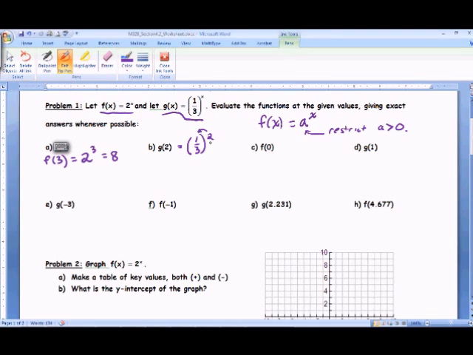Well, that means the 1 is going to be squared and the 3 is going to be squared. That's 1/9. F of 0 is 2 to the 0 power, and you all know that any non-zero number to the 0 power is equal to 1. We could keep trying a couple more. We could say 1/3 to the first power, which is just 1/3.